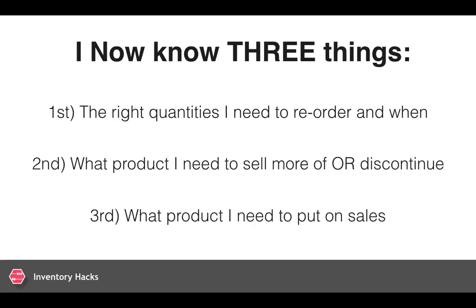But if you just do these three things, you're ordering the right quantities at the right time, you're selling more of the products your store is making money on, and discontinuing the products your store is not making money on, and you're putting on sale the products that are moving slowly in your store. So you're getting rid of them and attracting people in your store at the same time.